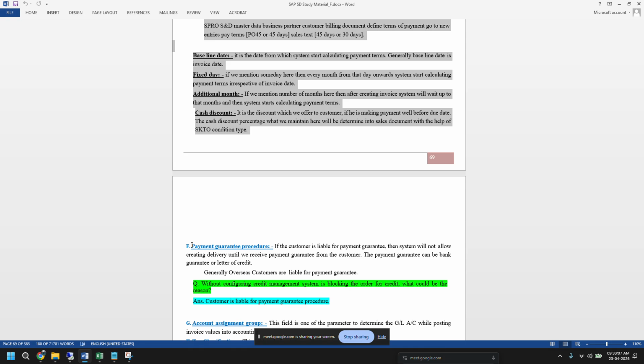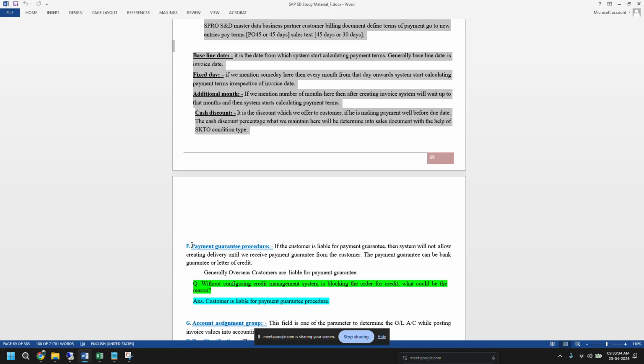So there is a business process in the real world that we call letter of credit. The small company will go to the bank where they are running the business, because the bank knows them, how many transactions they are doing. So the bank knows their credibility. Okay, up to 10 lakh, that's fine, they can pay, they have that kind of transaction rate every month. I can give you the promise, I can give you the assurance.